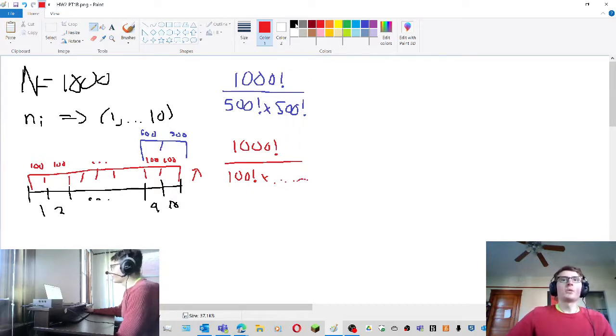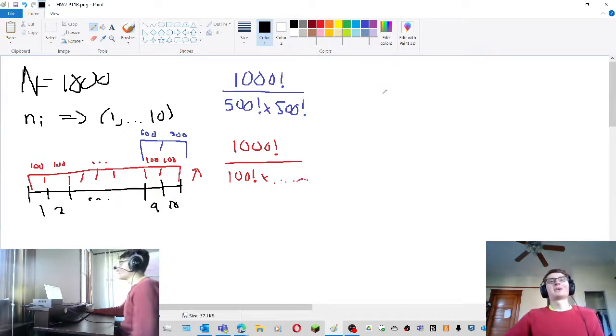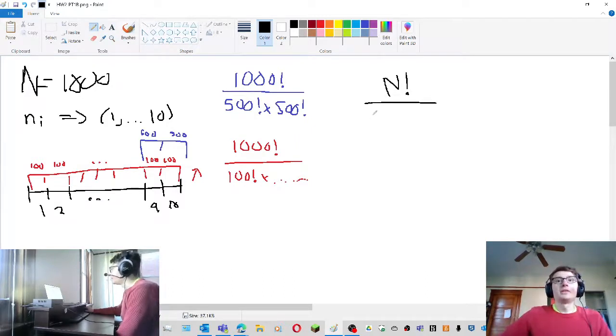And so a generic way I could represent this formula is by saying the total number of students factorialized over the product summation. So this is a product summation from i equals 1 to i equals k, where k is the maximum number of bins, or in this case grades.